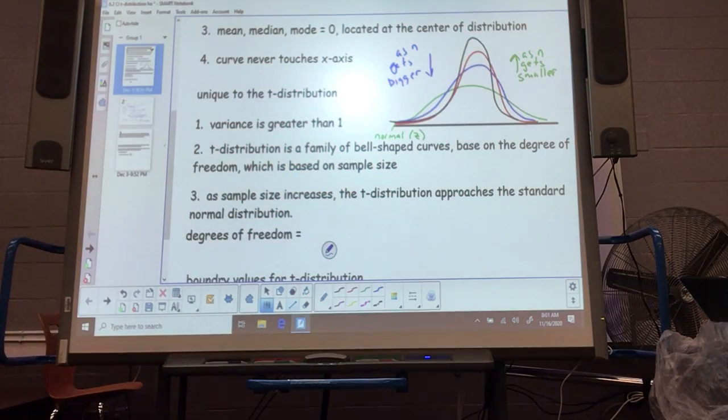Basically what happens is if you take your two hands and you sort of squish both sides of the bell-shaped curve together, it starts to pop the hill up a little bit higher. That's why this is a family of bell-shaped curves.